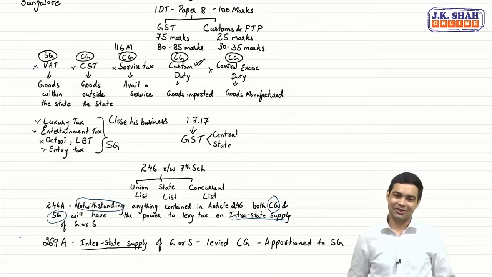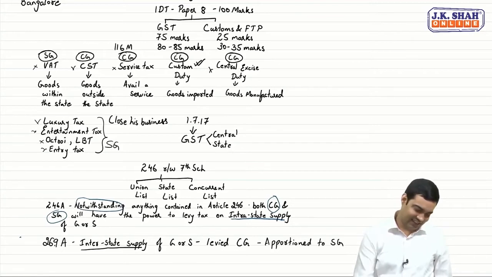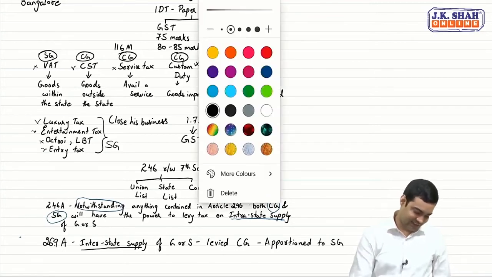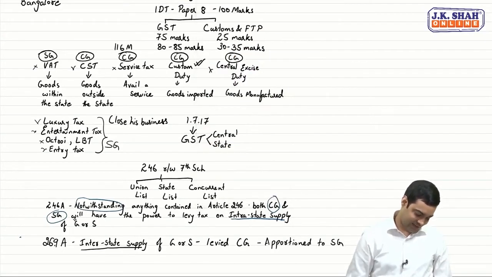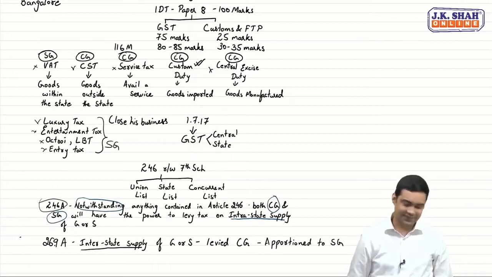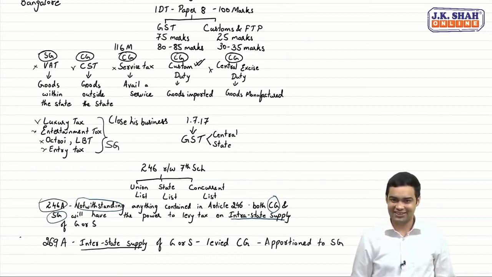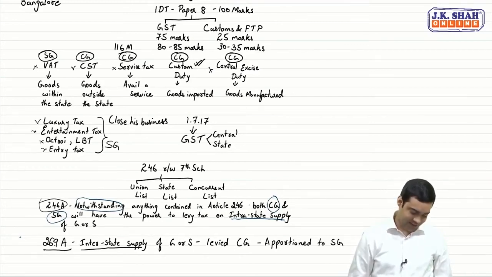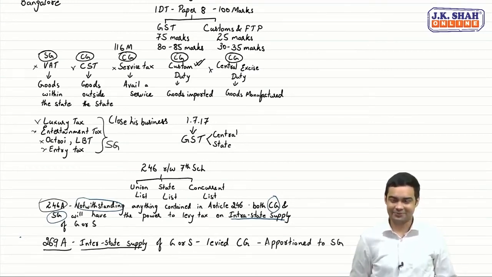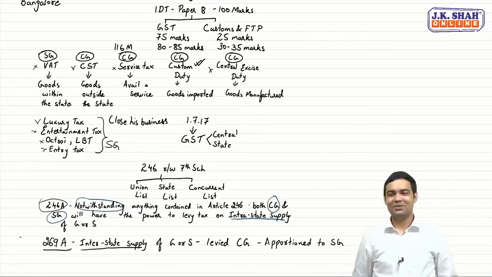You have heard about a tax known as SGST. SGST comes from Article 246. You have heard about a tax called as IGST, which we'll be discussing, comes from Article 269A. Just take a minute's breather. Let these things sink in, and then we write something in our textbook.